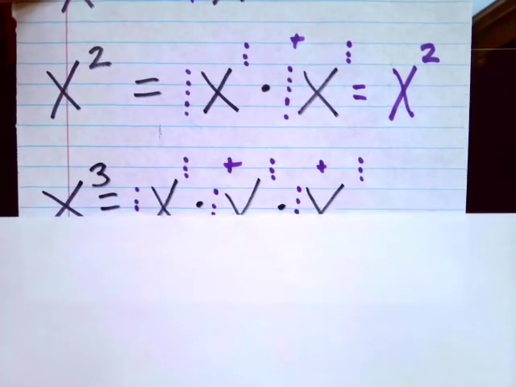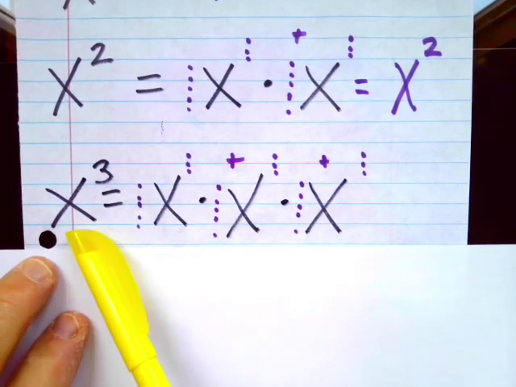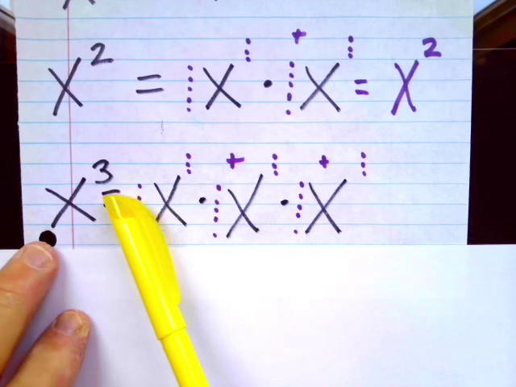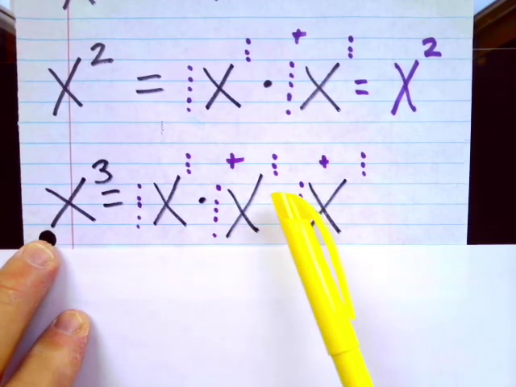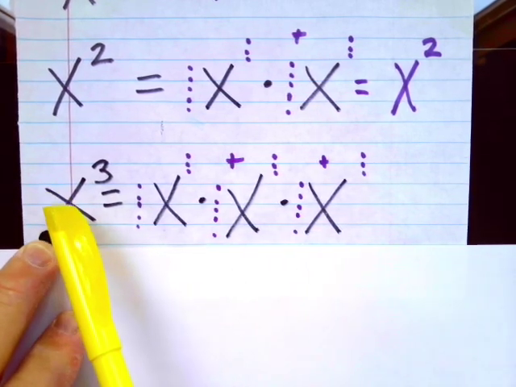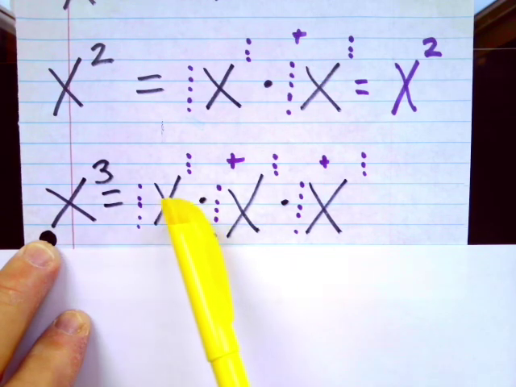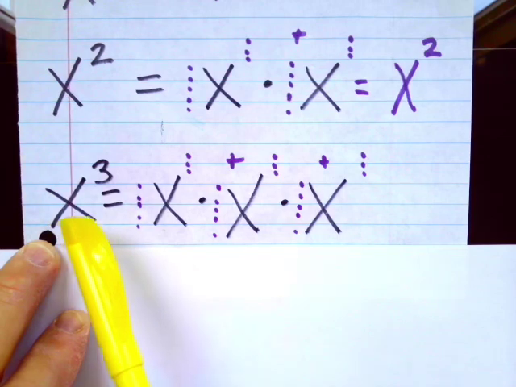So let's take a look at another example here. x to the third power, right? So what is x to the third power written in expanded form? It's 1x times 1x times 1x. Again, 1 times 1 times 1 is 1x. That's the invisible 1 in front of that x. And when you multiply, the bases are the same. You keep the same base.